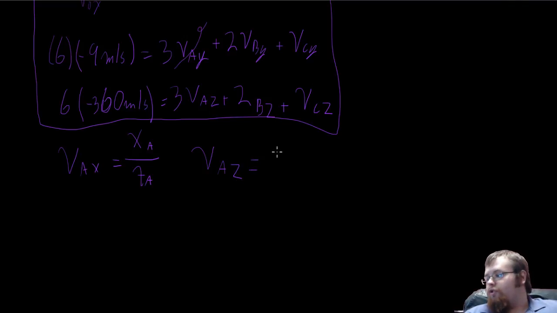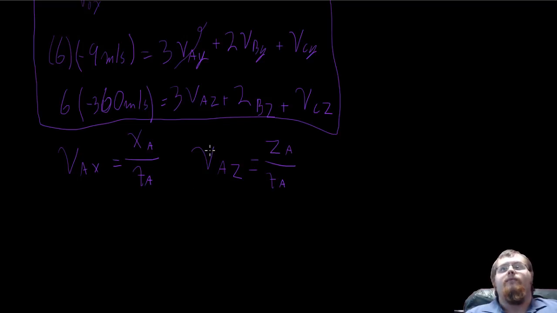But by relating the velocities in a direction to a distance traveled over a time, we're able to simplify those unknowns. Since this is unknown, this is known, and that's unknown, we can simplify that down to a TA.